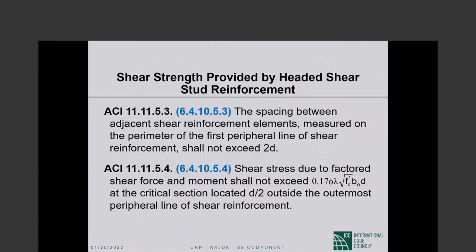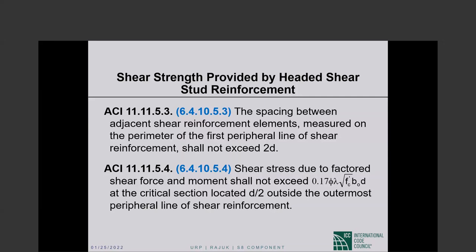This basically means the spacing between the legs shall not exceed 2D. This is the spacing along the rail, and this is the spacing between the two rails, or the spacing between two legs of the same arm of shear reinforcement. It shall not exceed 2D.